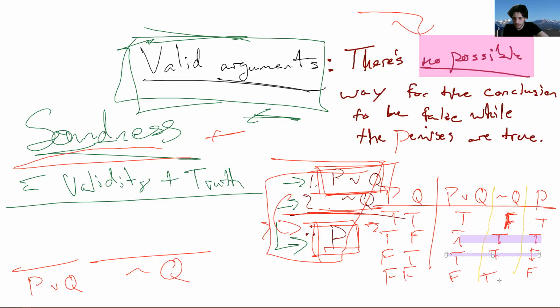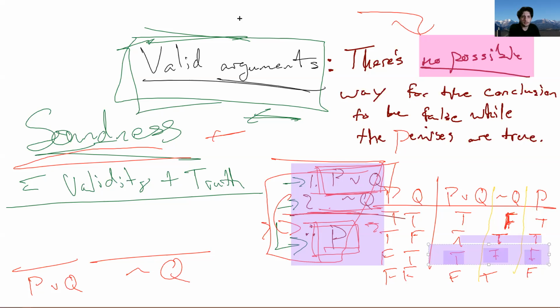World three, we have a true premise and a false conclusion, but it's okay that the conclusion's false because one of the premises is false. The argument is saying, I guarantee you that the conclusion will follow, but I only guarantee you that if you start off with all of my premises. So if even one of the premises fails here, then that's not showing that the argument's a bad argument by any means. It's still a completely fine argument.